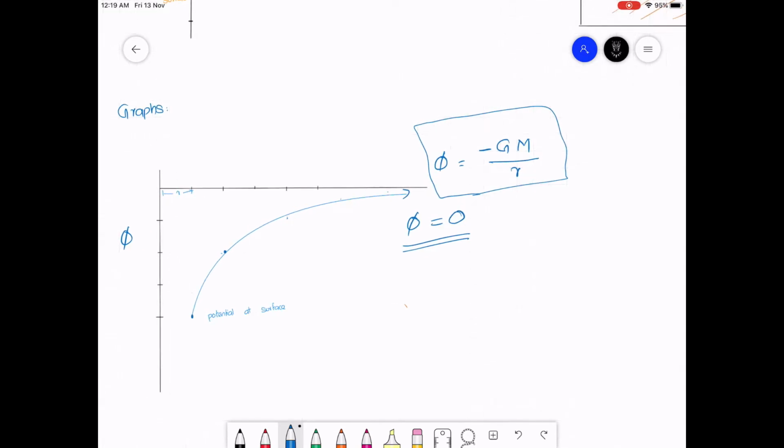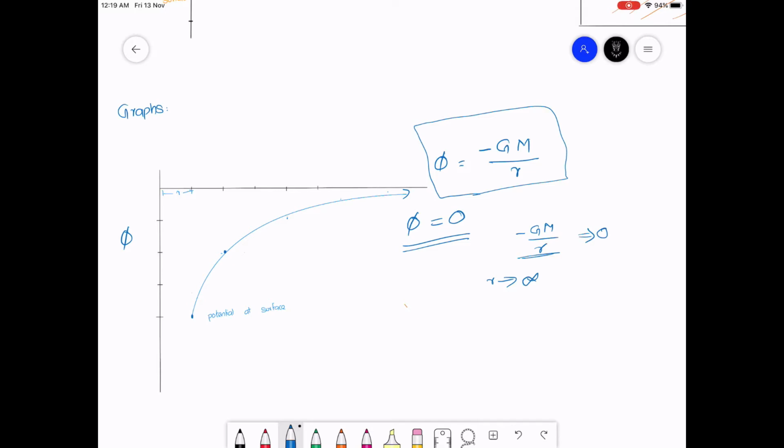Now, potential at infinity is 0 because if you look at the formula, as you increase r, this value decreases, becoming less negative. As r increases till infinity, this value minus GM by r gets closer to 0. It approaches 0.